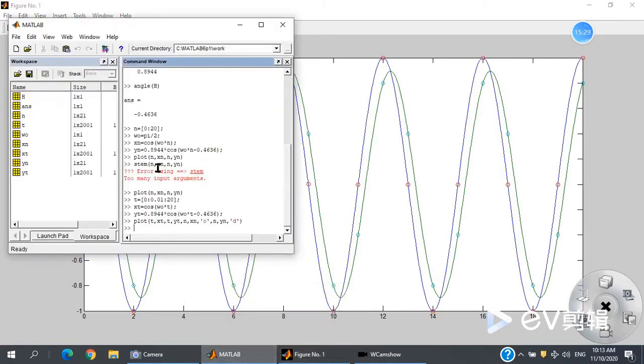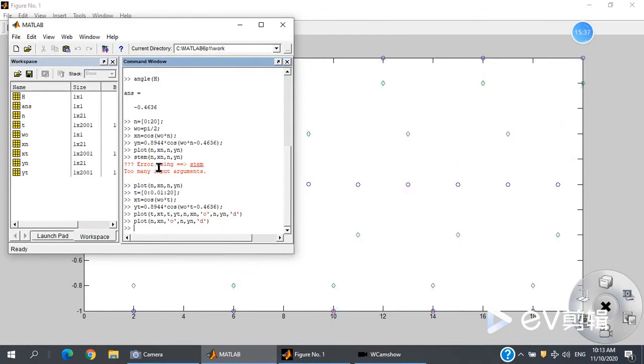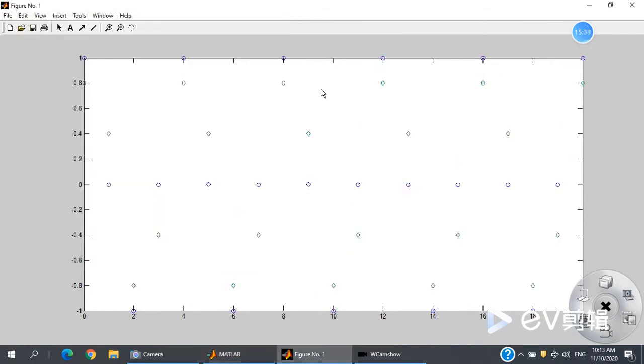Yeah, we can also just look at the x without the t. Okay, you see, it looks like this. The blue circles are the original signal: 1, 0, -1, 0, +1, 0.